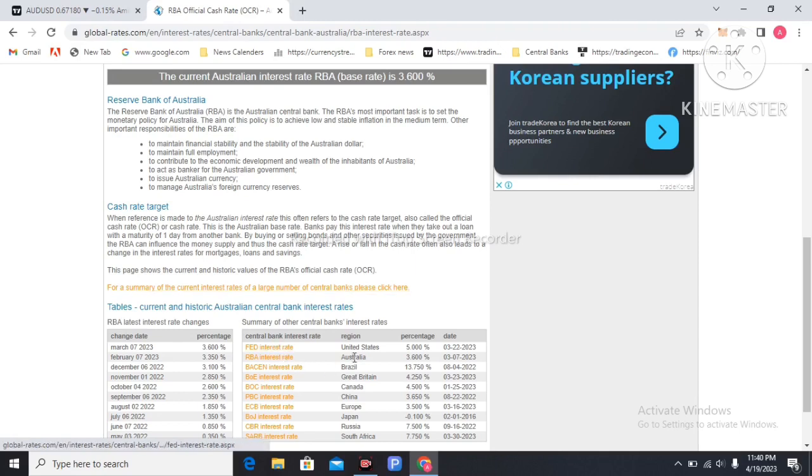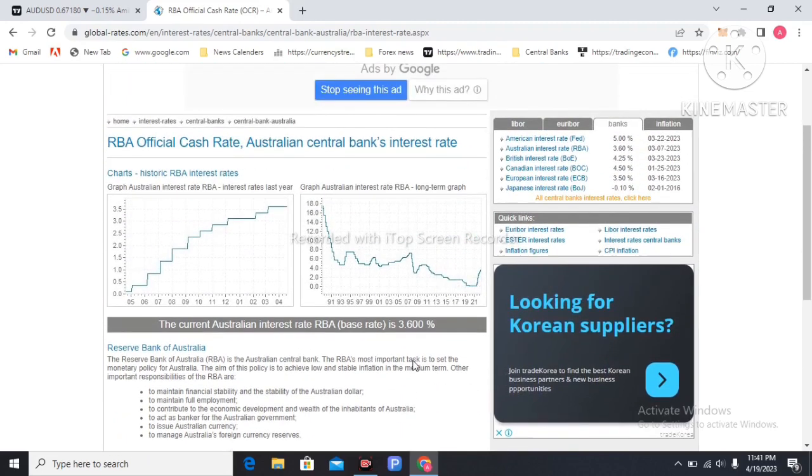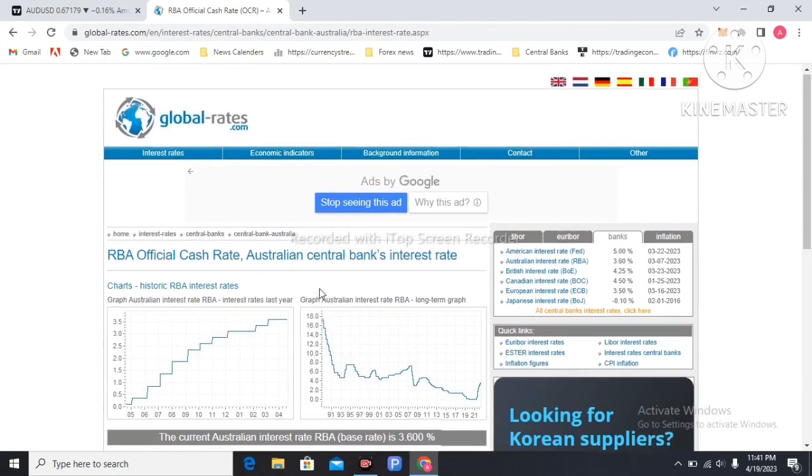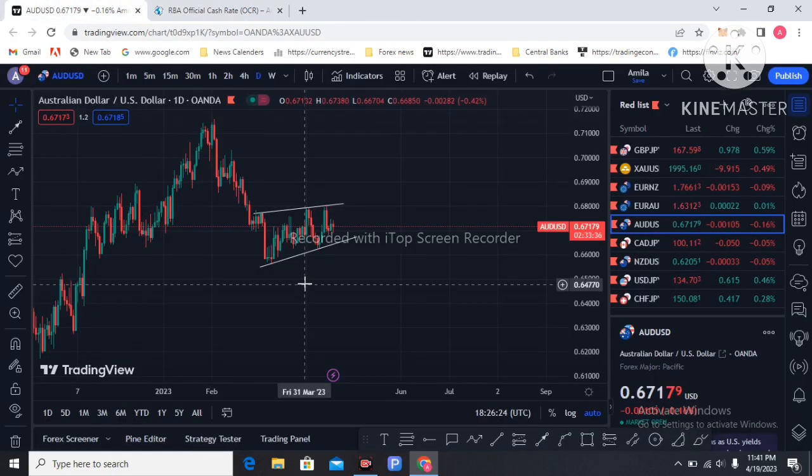The US dollar is currently at a 5% interest rate, and they are going to make more hikes at the next interest rate decision in May. So that's the economic picture, the US dollar demand against the Australian dollar. That's the economic view I am seeing on this pair, AUDUSD.